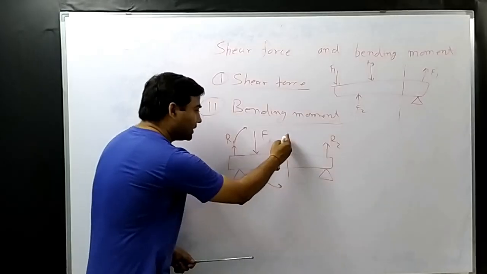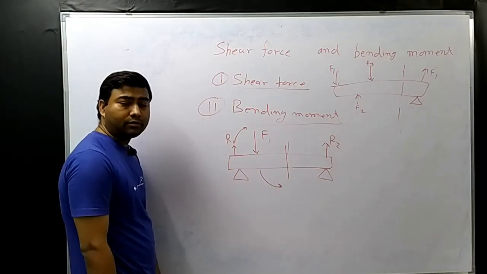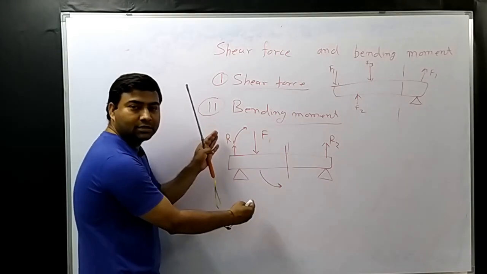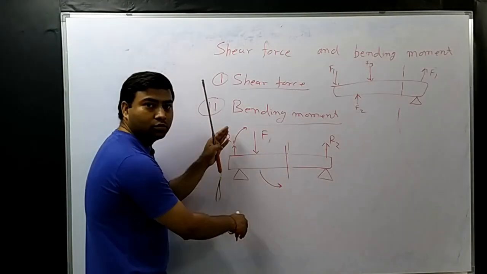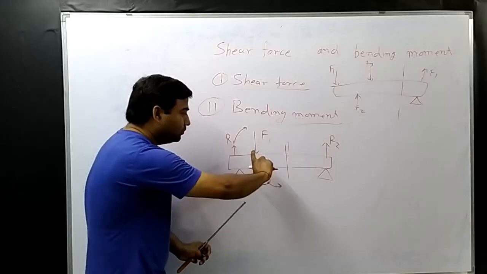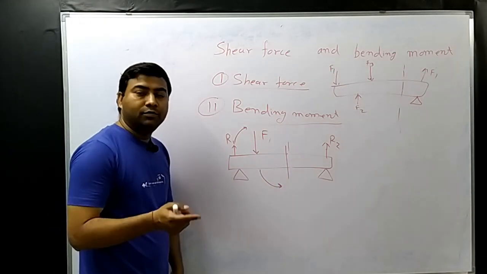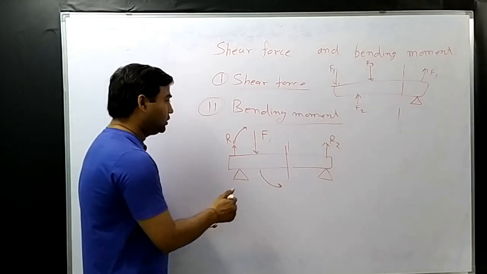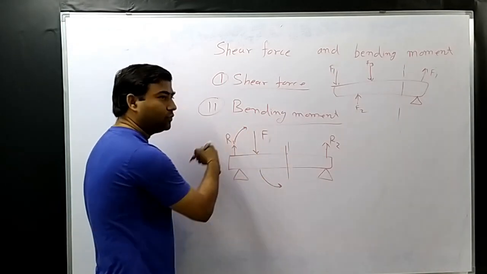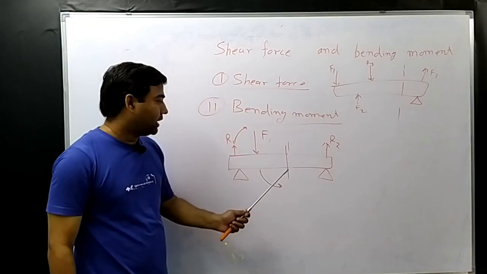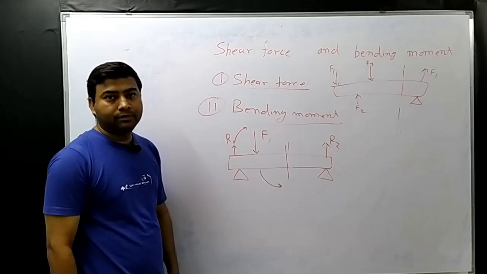That means if we cut the body, the left side forces are trying to bend this beam about this point with moment equal to total left side force moment or total right side force moment about this point.